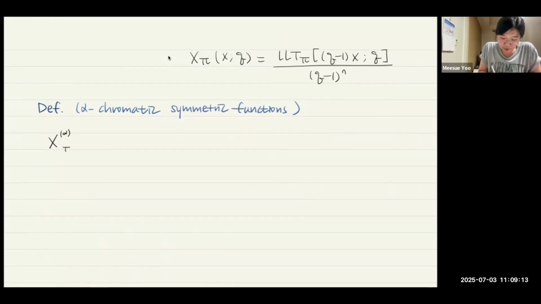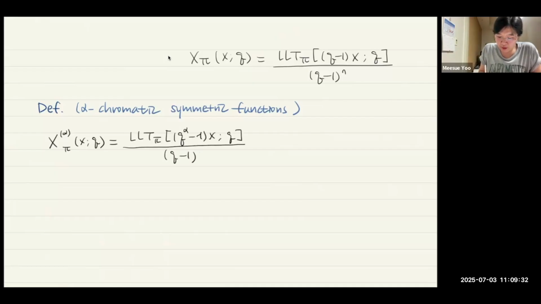I'll just use this notation to denote the alpha chromatic symmetric function indexed by the Dyck path pi. And I'm going to put Q to the alpha here, and then divide by Q minus 1 to the n.